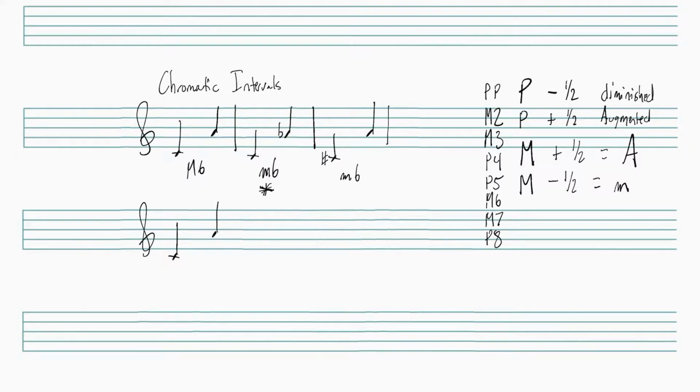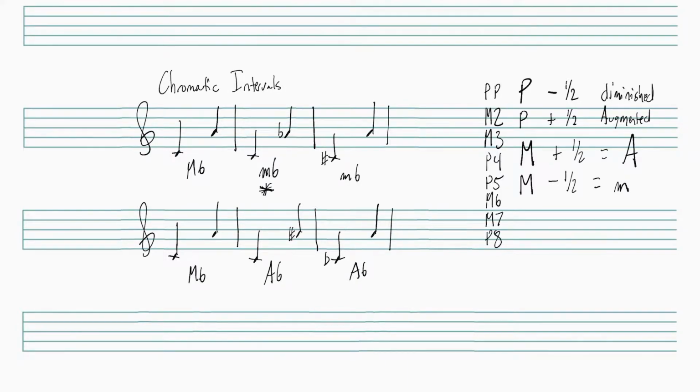So if I were to take our major sixth and then raise the upper note, so I'm augmenting the interval and making it wider, we have an augmented sixth. We can also, again, lower the first note and still create an augmented sixth.